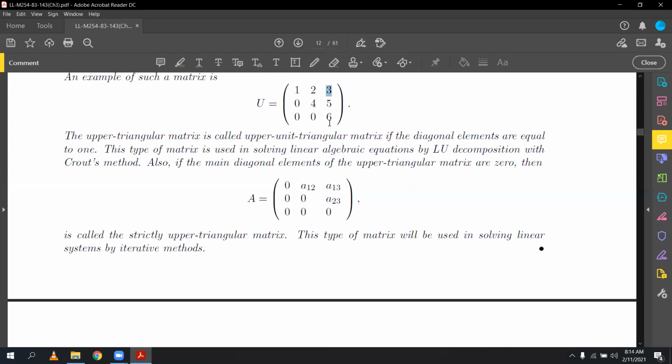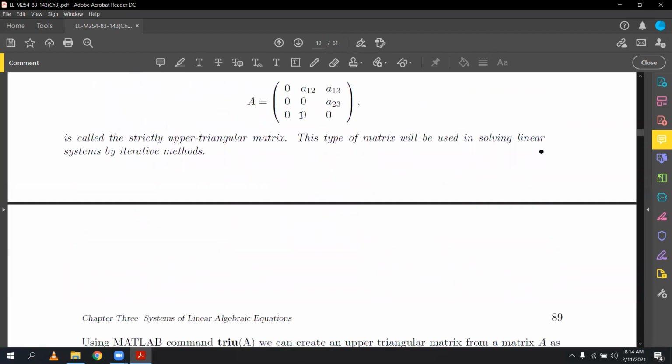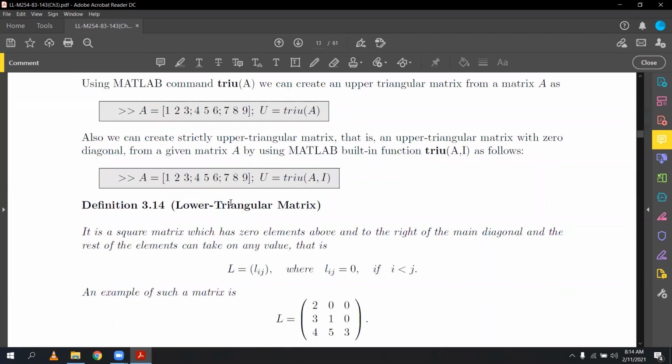The unit upper we have. Now, if we go the reverse way, meaning the upper part is 0 but the lower part is not 0, then we call it a lower triangle matrix. And what is the lower triangle matrix?